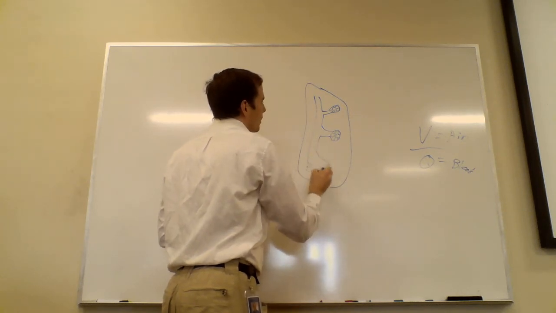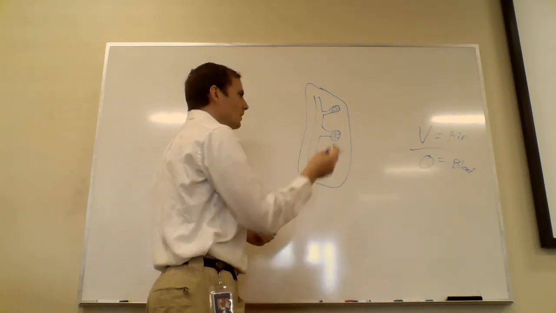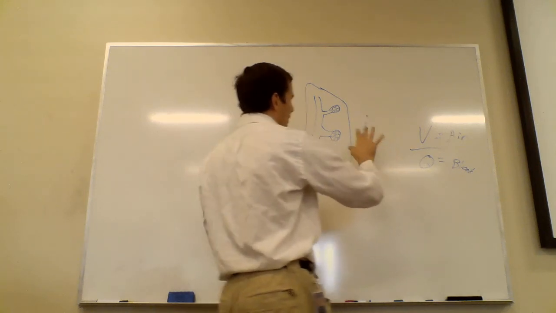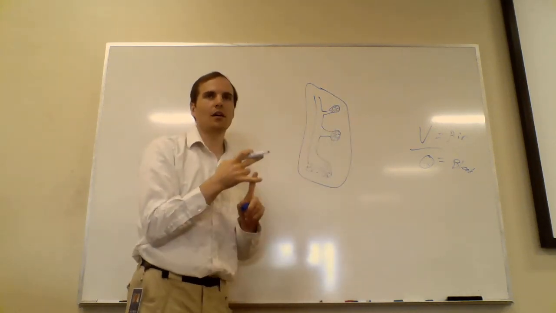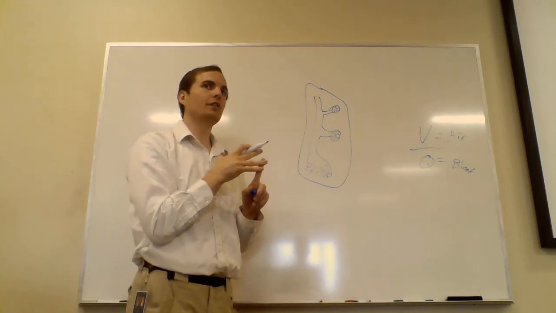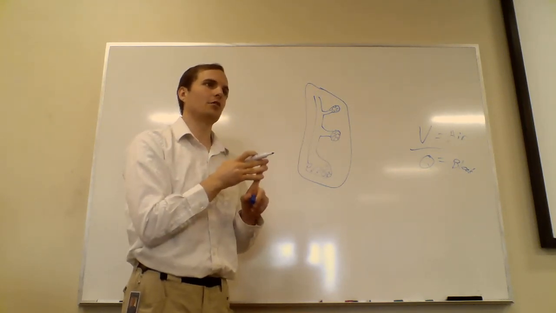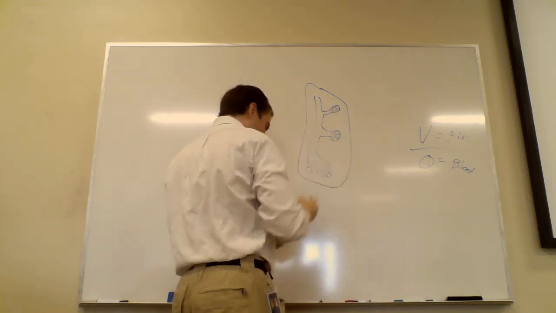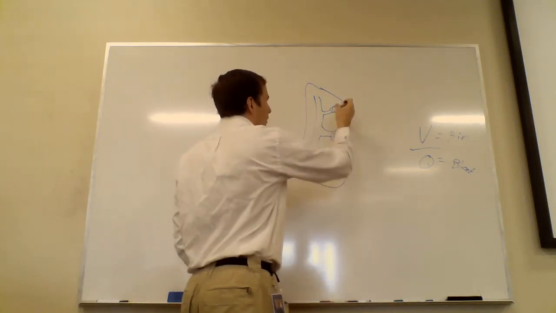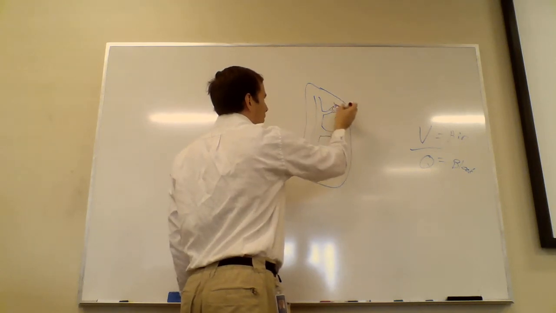Okay? So, we'll do VQ right after we talk about the difference between anatomical dead space, alveolar dead space, and physiologic dead space. Alveoli are going to have capillaries with blood going near them.